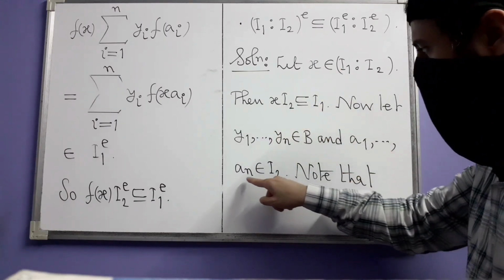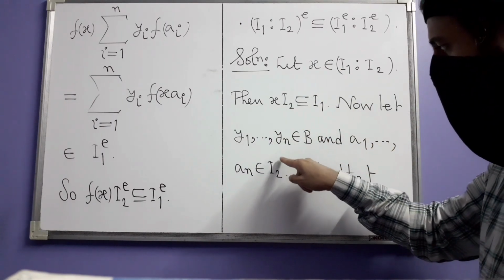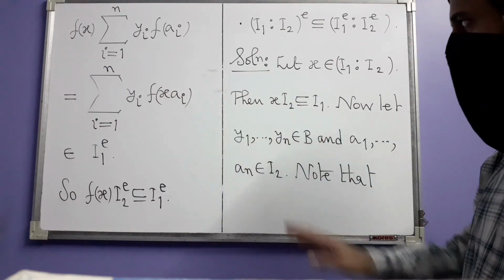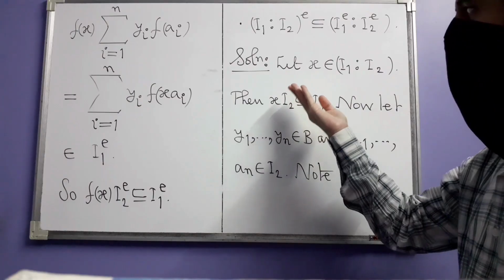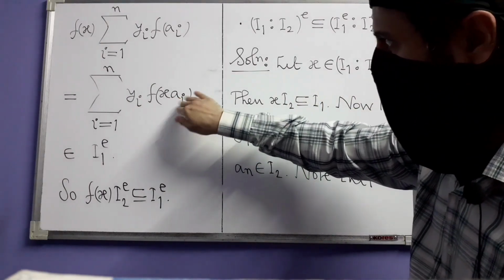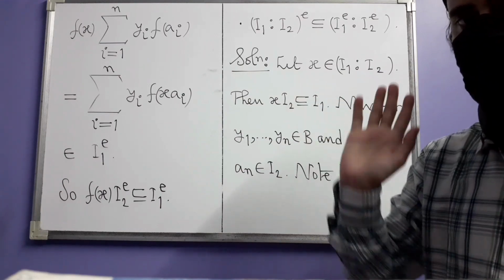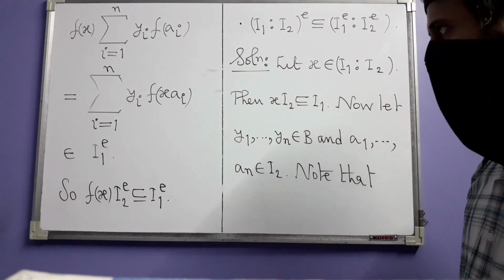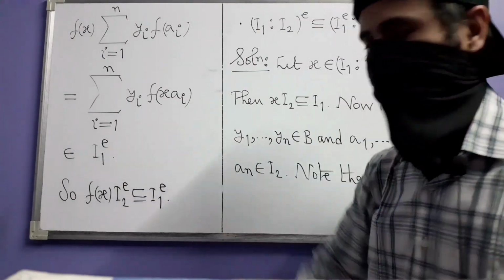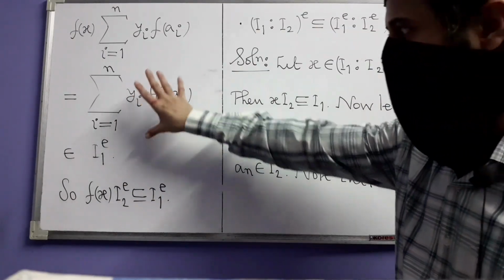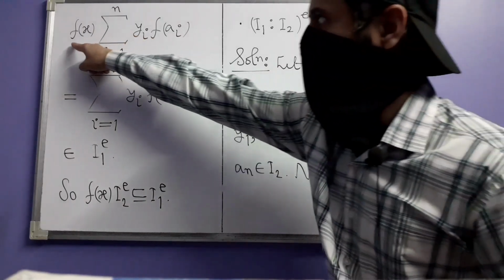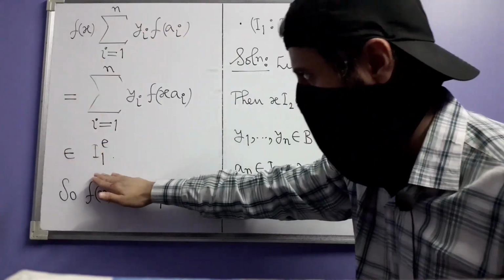In particular, for these elements, these ai, which are elements in I2, x times ai being in x I2 is also in I1. And that is why all these x ai that you are seeing are elements in the ideal I1. And this is how a general element in I1 extension looks. That is why it belongs to I1 extension. Alright, so that means this product belongs to I1 extension.